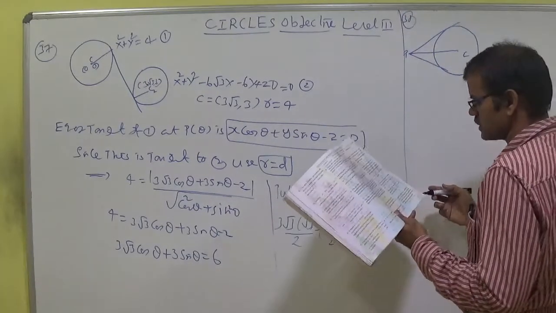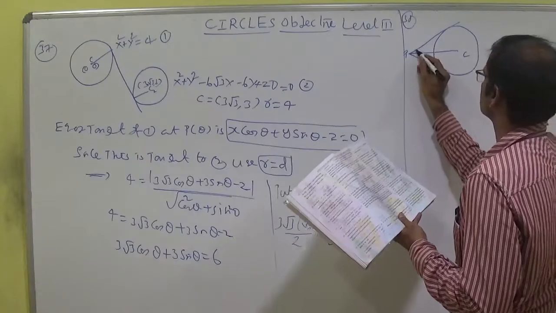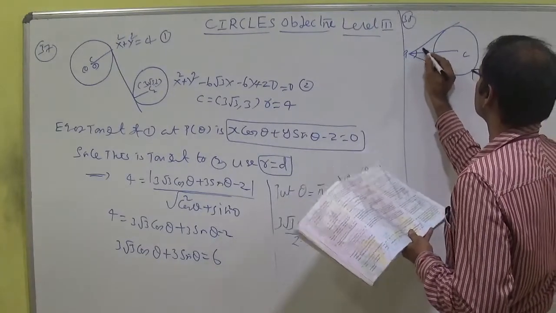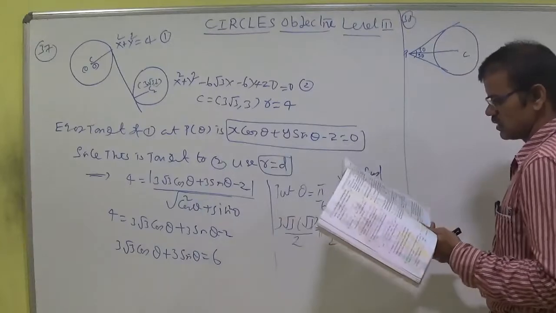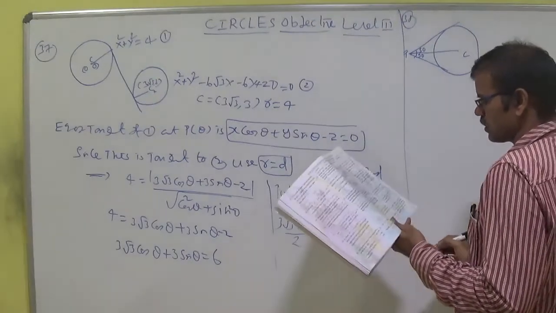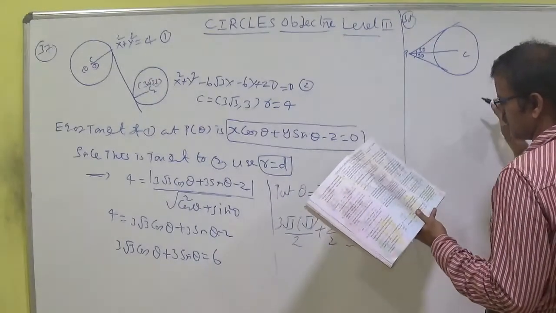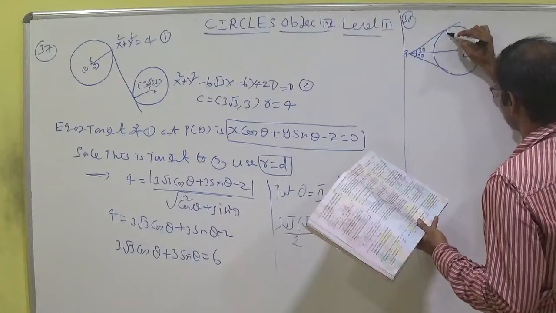The angle between the tangents at P is equal to 60 degrees. Let this be 30 and this be 30. Then find the area of the quadrilateral formed by the pair of tangents drawn from P and the radii at the points of contact.